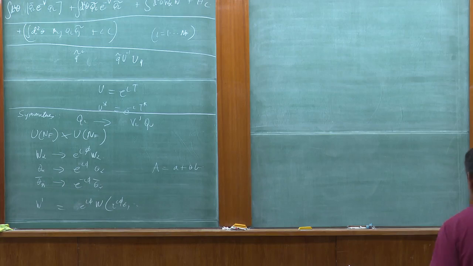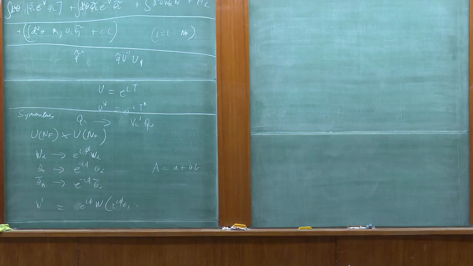Different people use slightly different conventions, but one way of saying it is the following. Any symmetry under which the gluino has charge 1 is an R symmetry. This is our convention here because you remember W alpha starts with lambda alpha. So the charge of W is the same as the charge of lambda because there's no theta involved in that lambda.